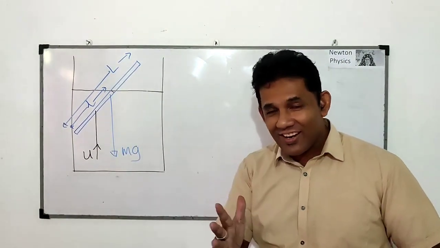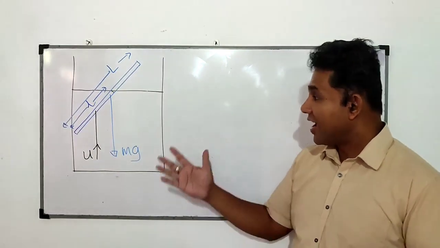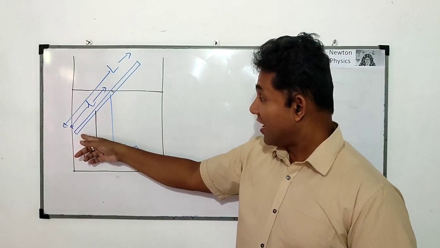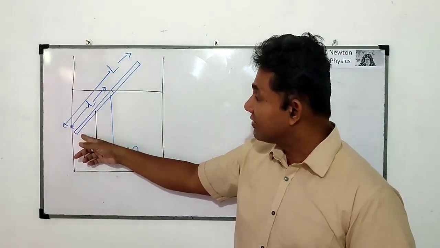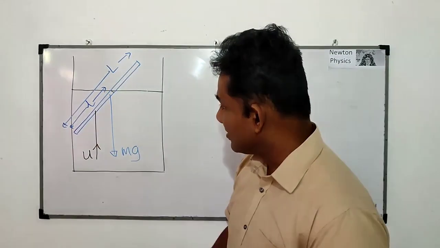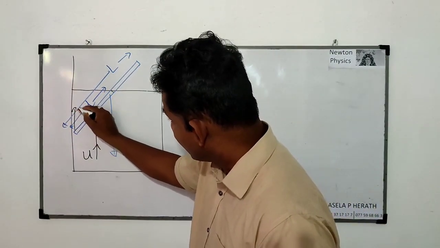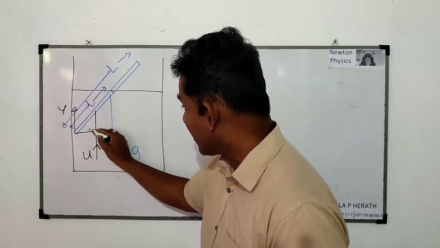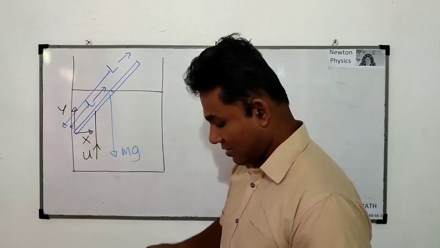And also don't forget to apply reactions at this end, because this end touches the vertical wall of the container. So I am applying two reactions here. A vertical reaction I am taking as y, and a horizontal one as x.